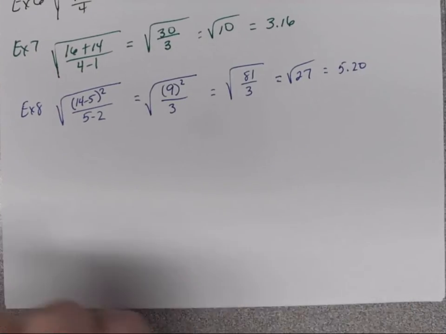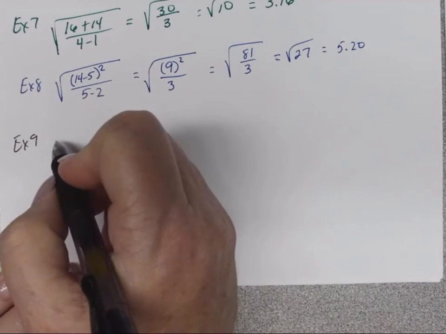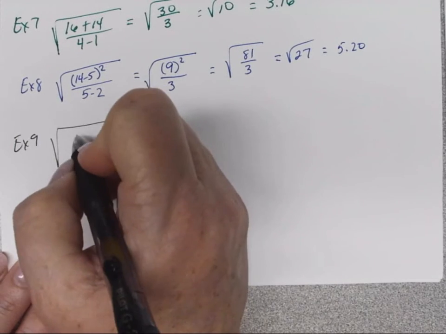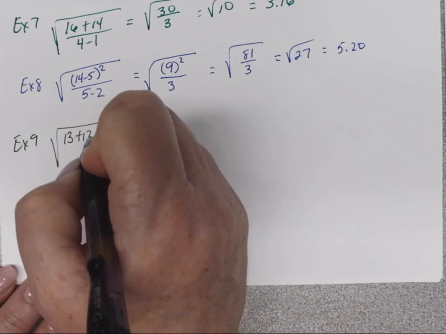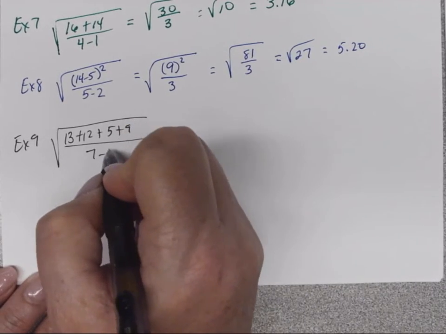All right, let's look at example 9. So we're looking at the square root of 13 plus 12 plus 5 plus 9 divided by 7 minus 3.